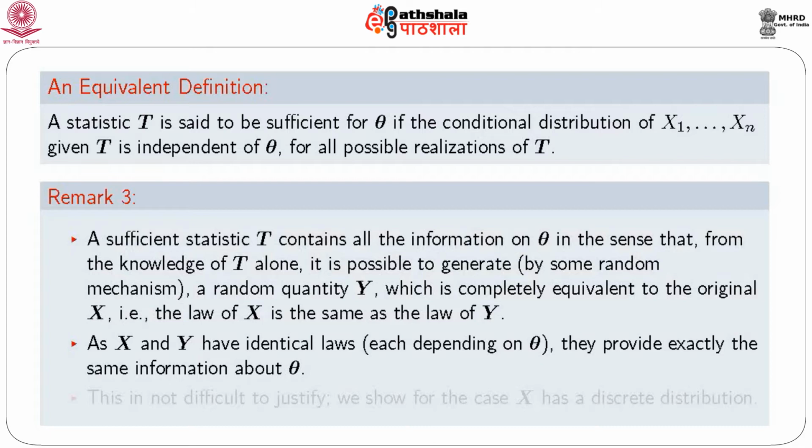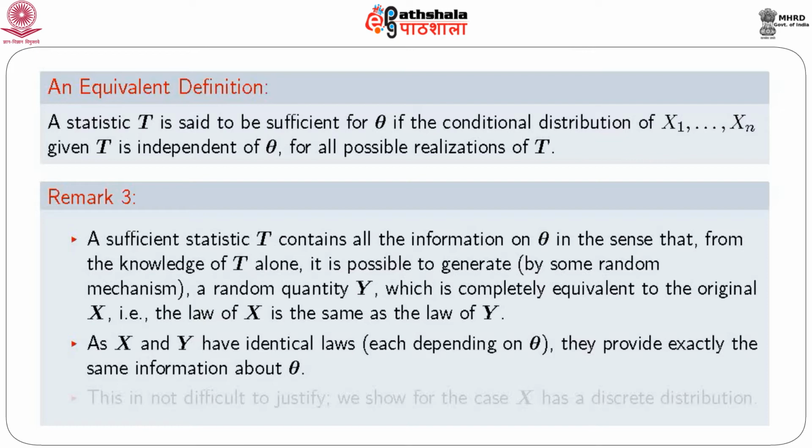Now, we make another remark. A sufficient statistic T contains all the information on theta in the sense that from the knowledge of T alone, it is possible to generate by some random mechanism a random quantity y, say, which is completely equivalent to the original x.